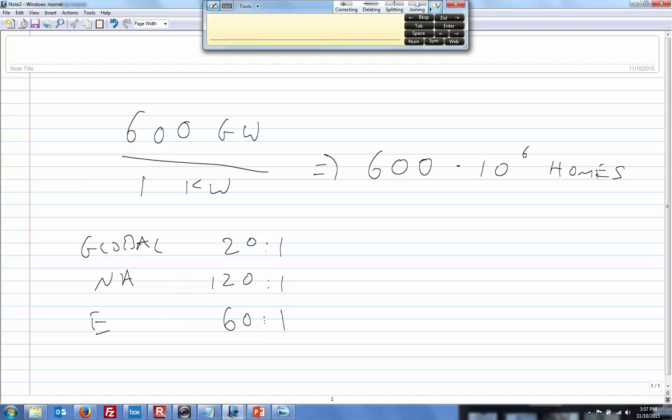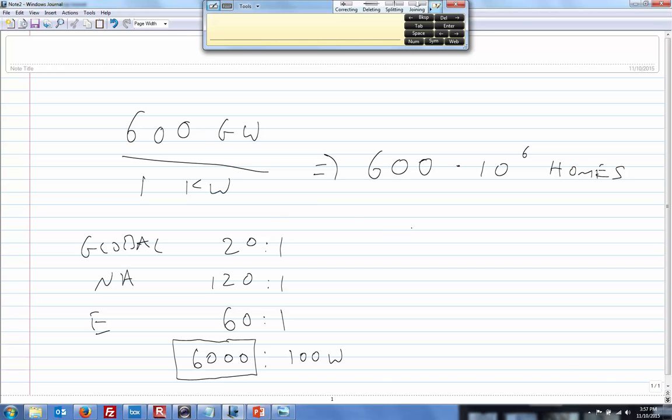Yeah, 100 watts. So basically, we need a 60 followed by 2 zeros for each European. So each European, we're going to say, has a diet of 6,000 watts.